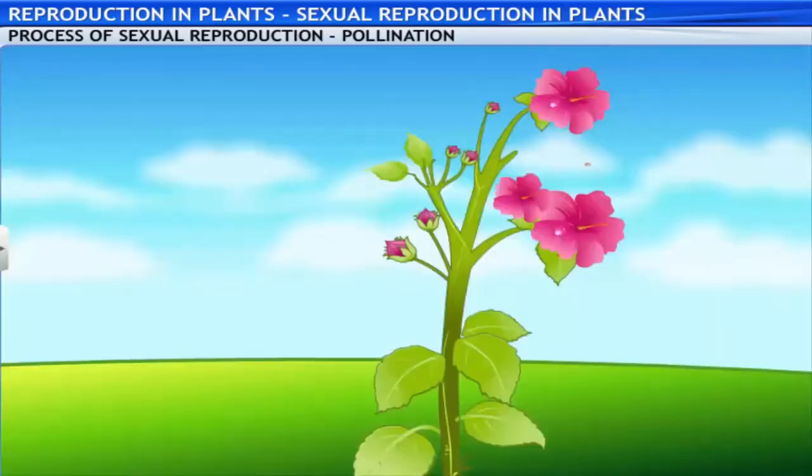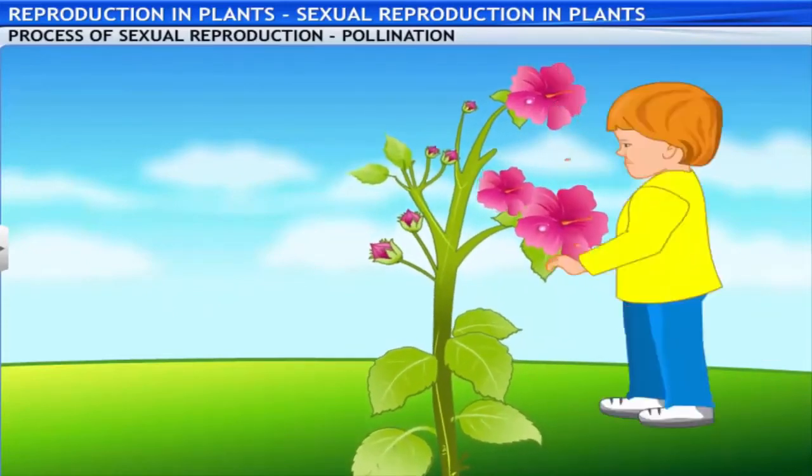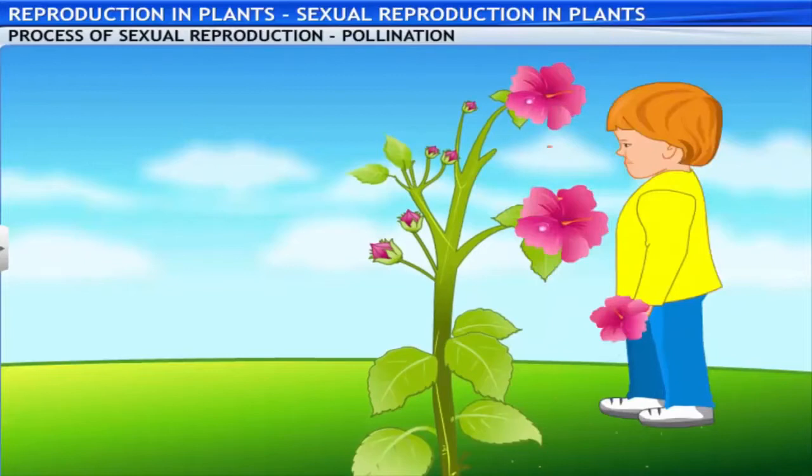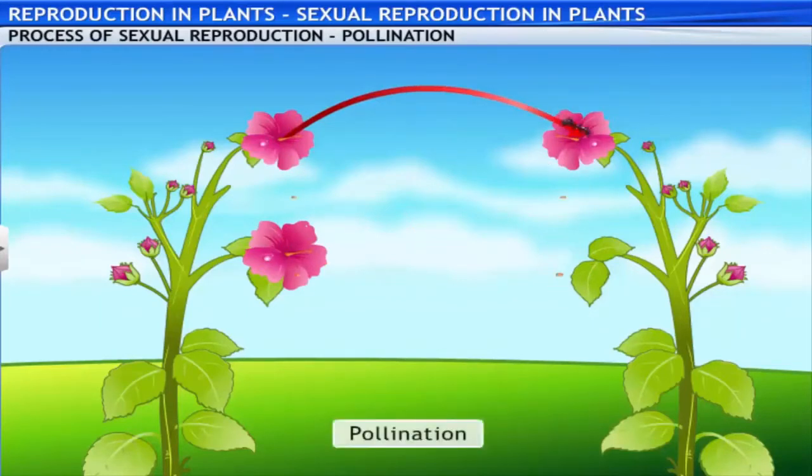This is made possible by pollen-carrying agents like wind, water, animals, birds, and of course, humans. These agents help to transfer pollen grains from the anther to the stigma. This process of transferring pollen grains from the anther to the stigma is called pollination.